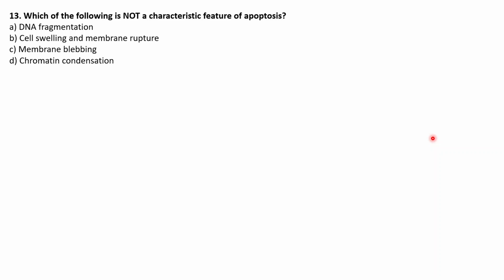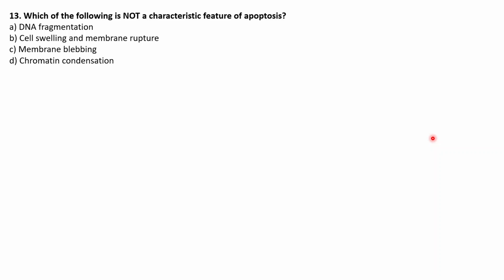So you will have chromatin condensation, you will have DNA fragmentation, and you will have membrane blebbing. These are all normal features of apoptosis. But what we don't have is cell swelling and membrane rupture, because you have to remember that apoptosis is quite a controlled process and it is a programmed process.